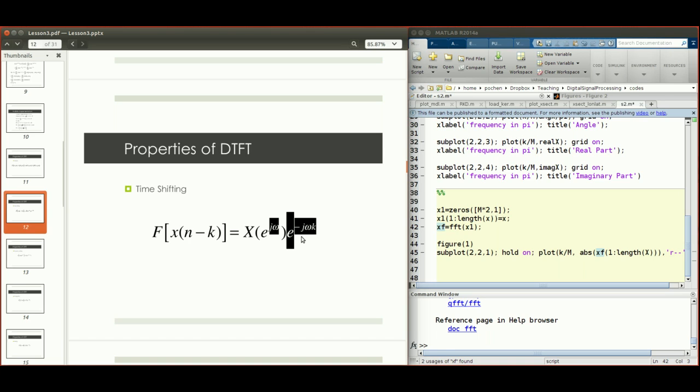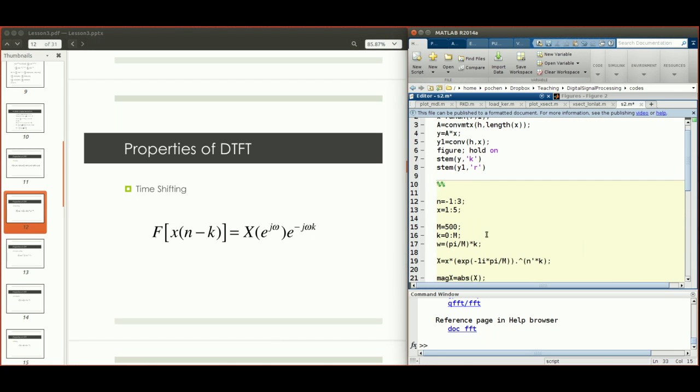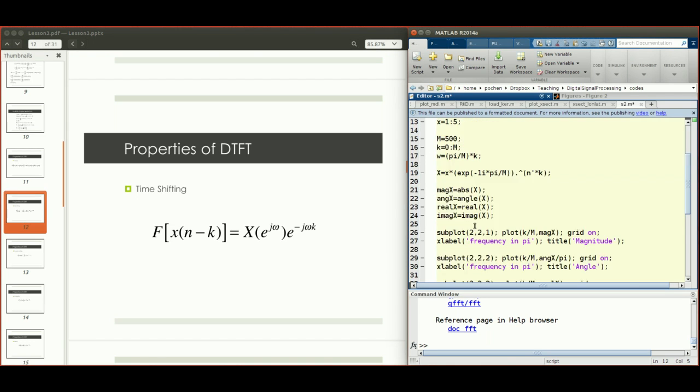You see? So what exactly is this? It's basically a complex exponential, and k is the amount of the shift. The amount of shift for us is basically -1, because it's not starting from 0, it's starting from -1.